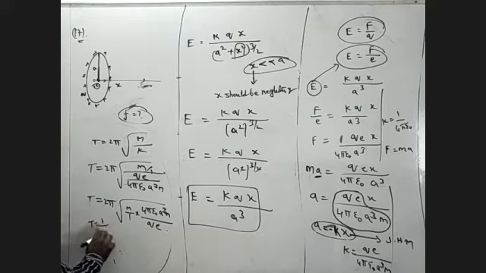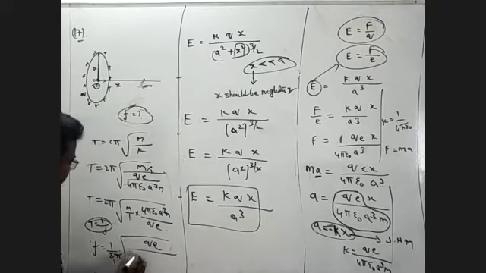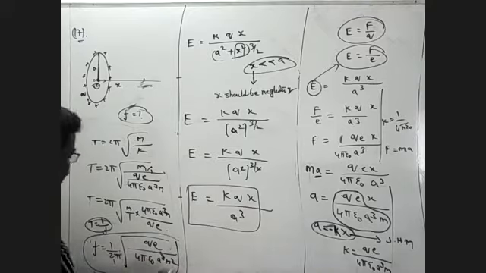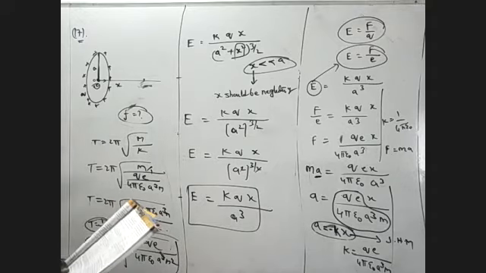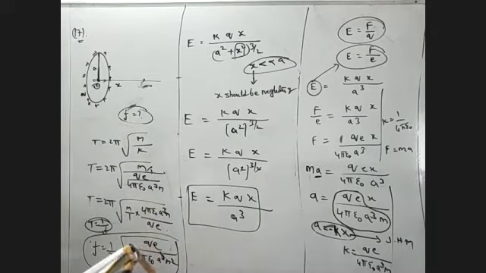T and f are inversely proportional. f is equal to 1 by 2 pi root of Qq by 4 pi epsilon naught a cube m. That is your answer.